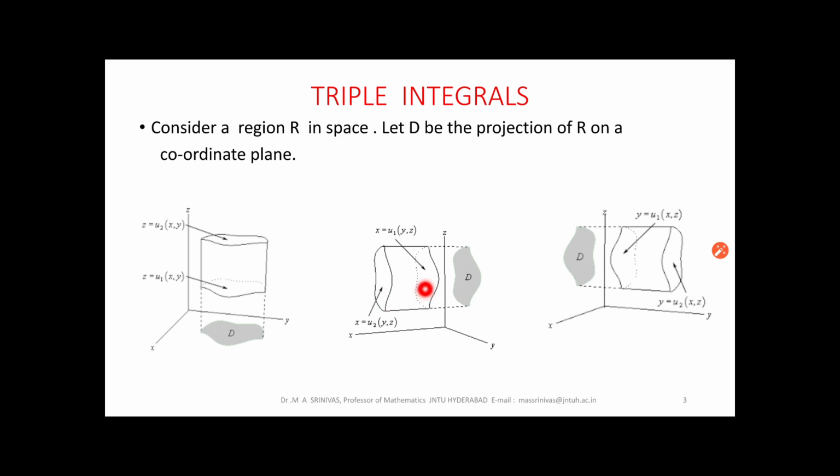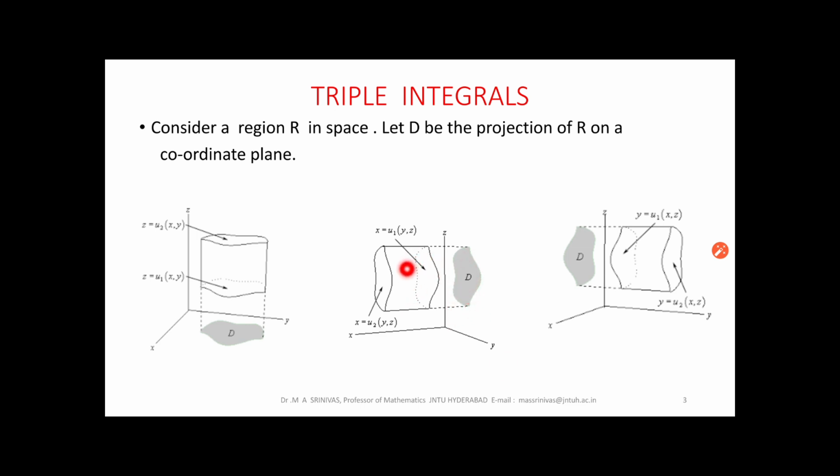Similarly, if it is convenient for you, or if the region given to you can be identified as a region bounded by two surfaces, say x is equal to u1, which is a function of y and z, and x is equal to u2, which is also a function of y and z, and it is also bounded by two planes parallel to, say, the xy plane. Now, D is the projection of that region on the yz plane.